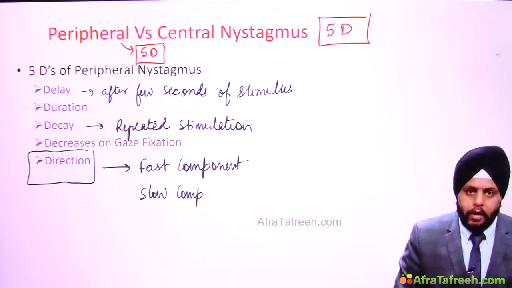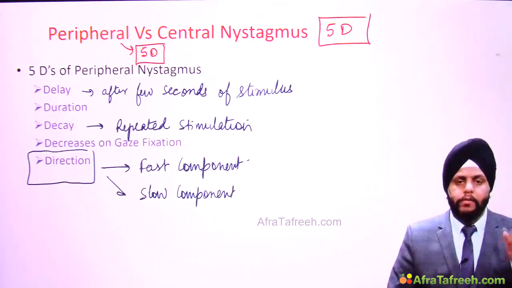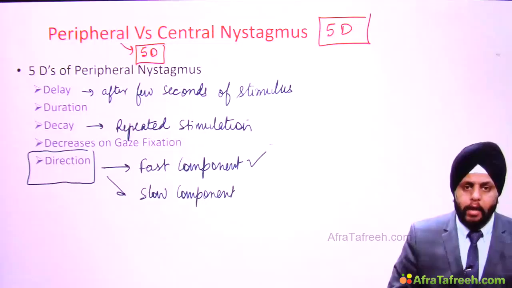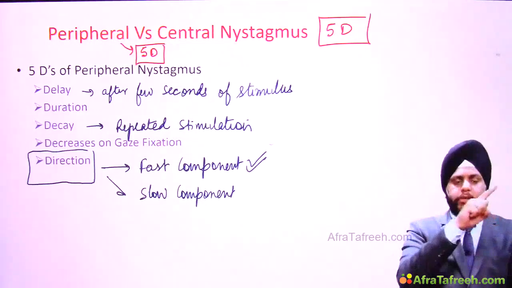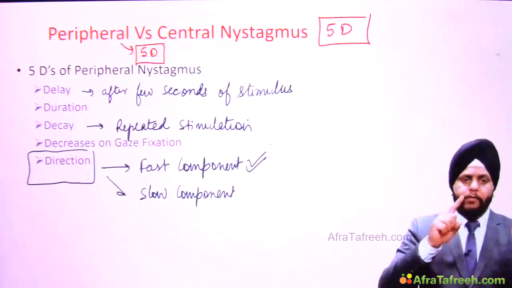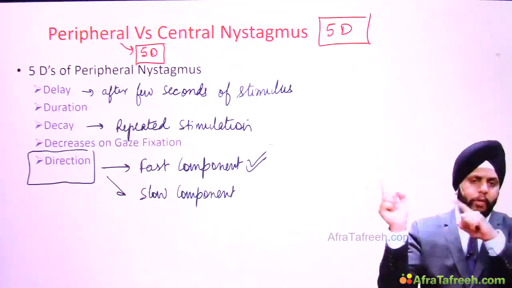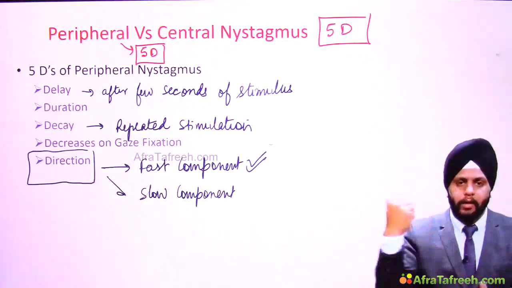It has a fast component and a slow component, and the direction of the nystagmus is given by the fast component. So if the eyeballs are going like this, that means the nystagmus is towards left, my left. If the nystagmus is going like this, that means the nystagmus is towards the right, my right.